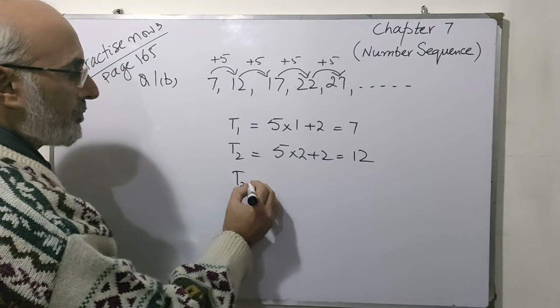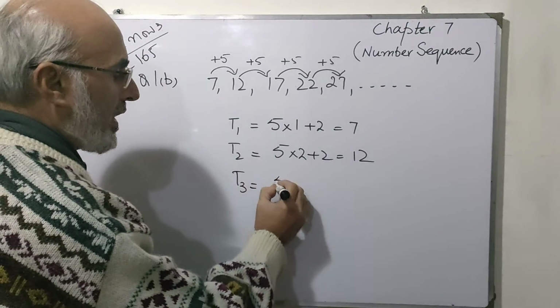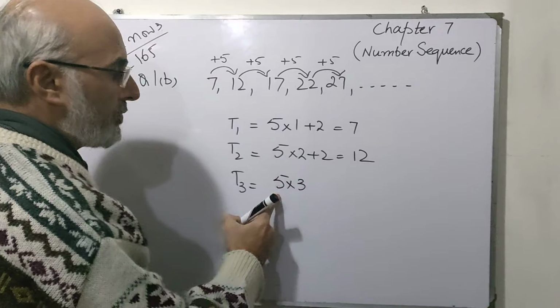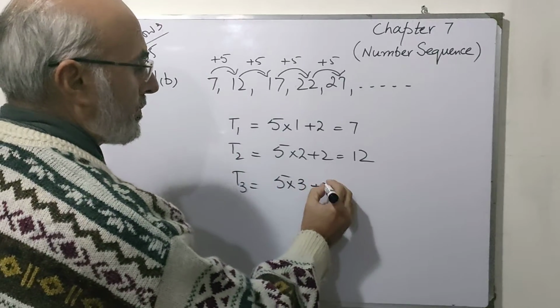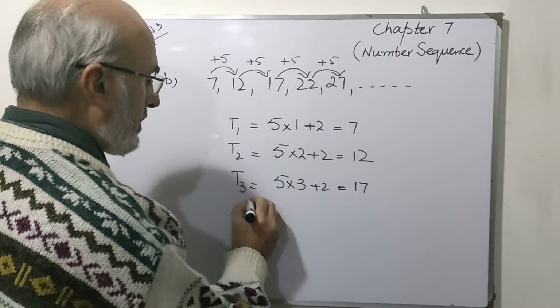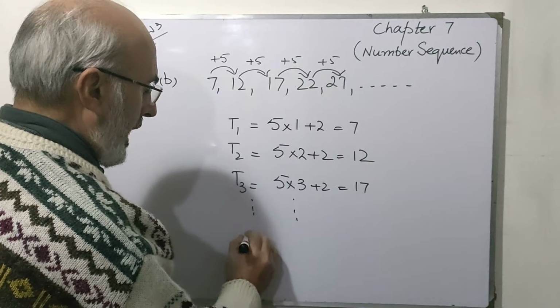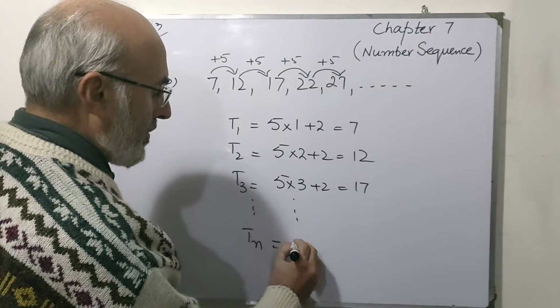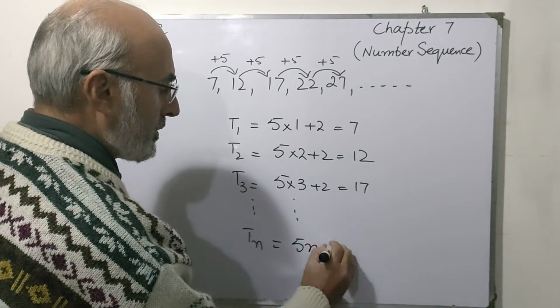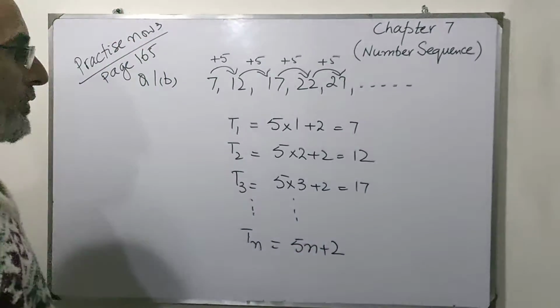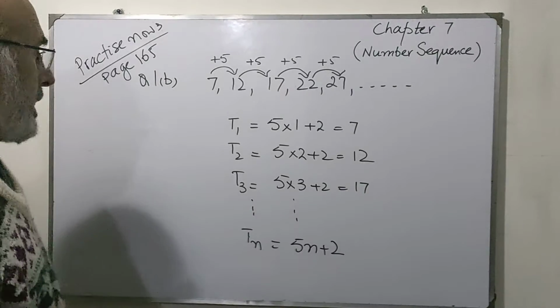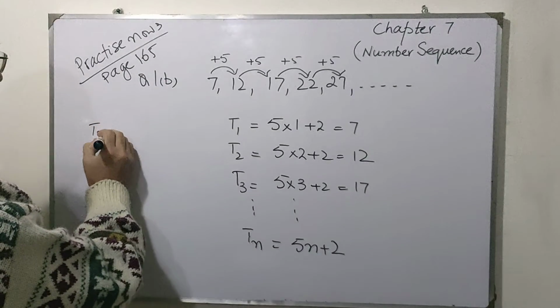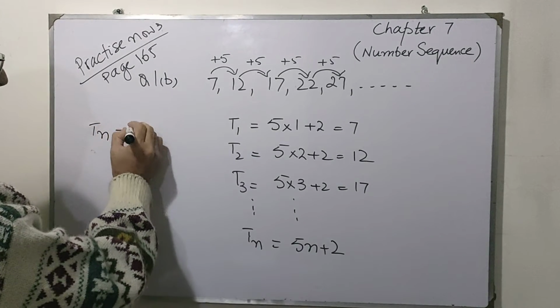Term 3, position is 3, so 5 into 3 is 15, plus 2 is 17. So our nth term, Tn, is 5n plus 2. Okay? So we have our nth term, and we can find any term using this formula.